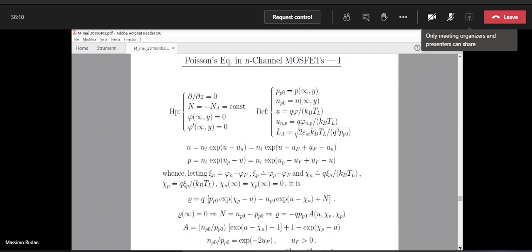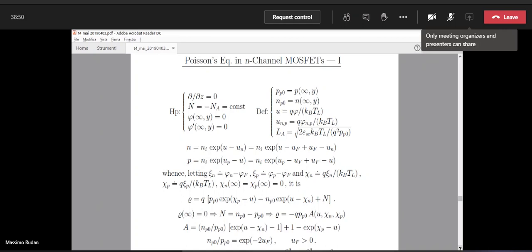Then we remember that in the bulk, the device is neutral. And also in the bulk, u is 0 because of the boundary condition. And chi p and chi n are also 0 because in the bulk we have substantially an equilibrium condition. Okay. So in the bulk, we may write that the brackets that appear in the definition of rho, I mean the quantity in brackets, is 0.